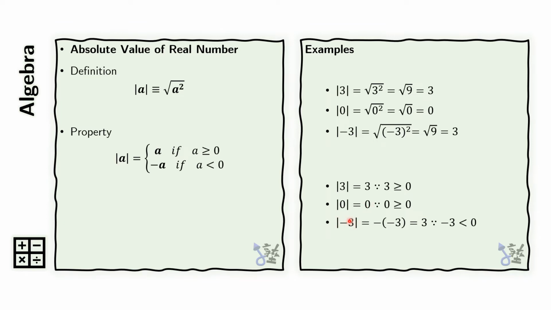For -3, we can remove the absolute value symbols, but we have to attach a negative sign here because -3 is less than 0. But the negative of -3 is simply +3. So again, we get that the absolute value of -3 is just 3. The answers we get from using the property here is the same as the answers we get using the definition here.